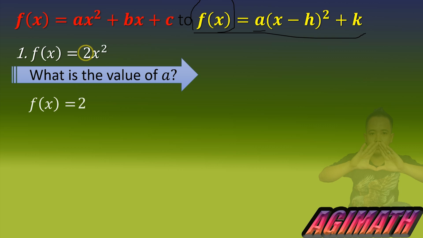So that's it. Next, you are going to have this part, x minus h squared. So the whole of this is the next step. The given, we only have x squared. So how are we going to write in this way? X minus h squared.